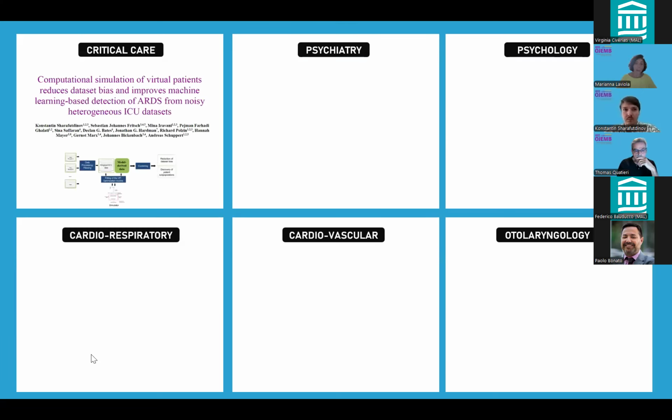The upper panel that you can see here includes the 3 studies that will be presented in a short time.